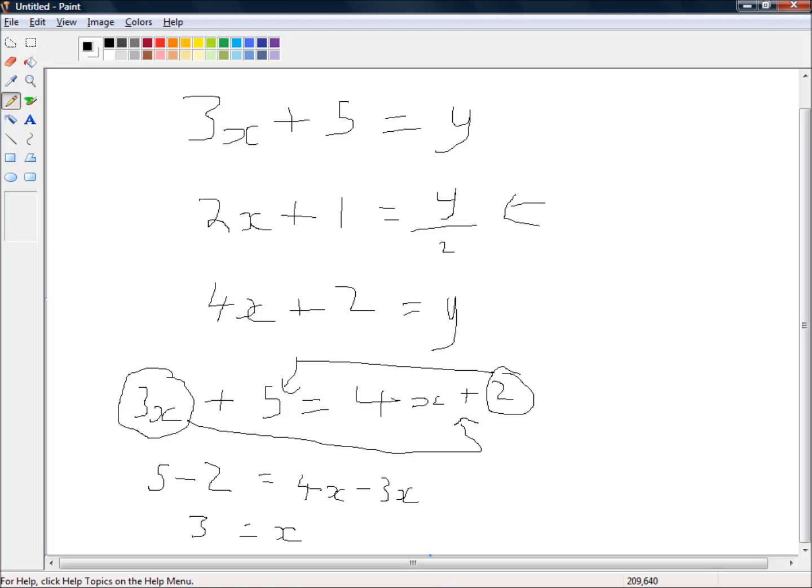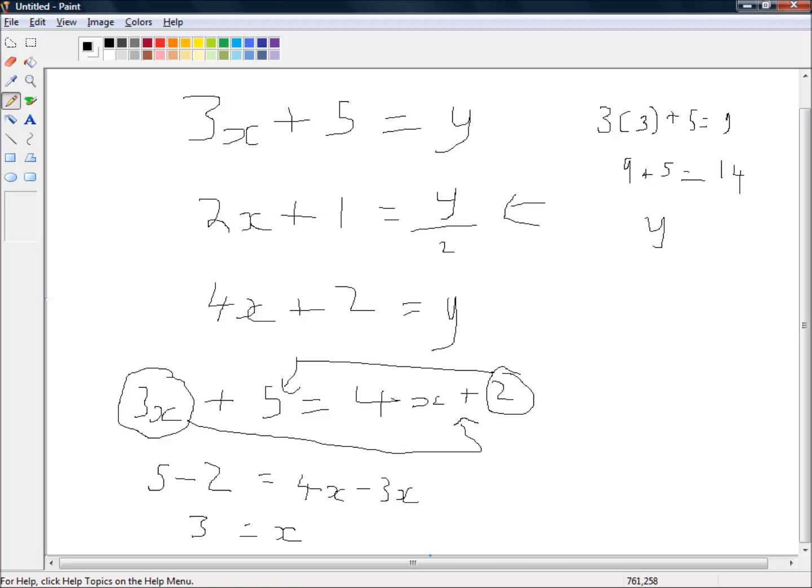So we know that x equals 3. So if x equals 3, then we can substitute that in any equation. Well, the top one looks like the easiest. So 3 times 3 plus 5 is equal to y. Well, 3 times 3 is 9. 9 plus 5 is equal to 14.